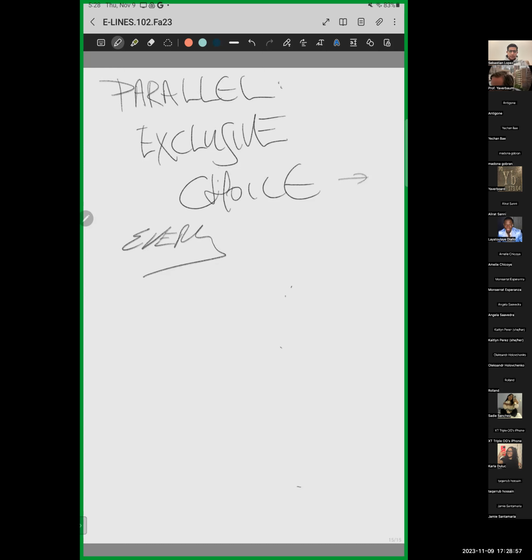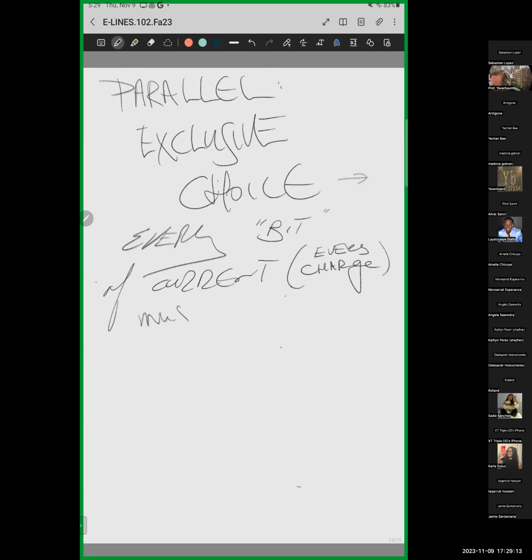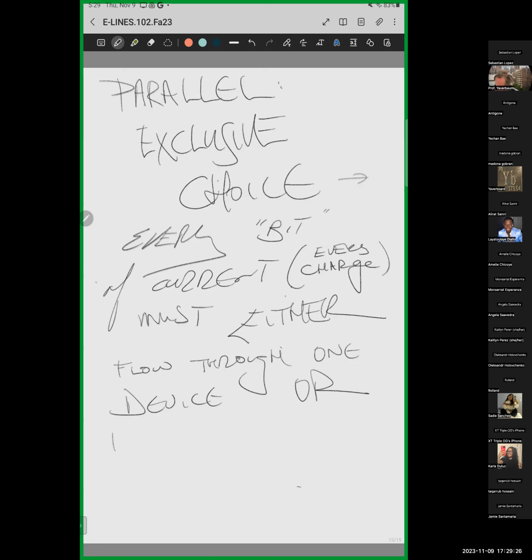Every bit of current, every charge must either flow through one device or flow through the other.